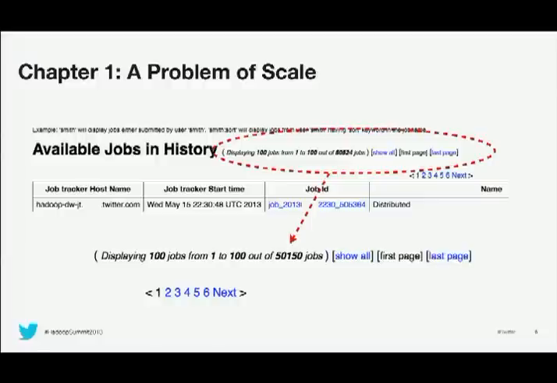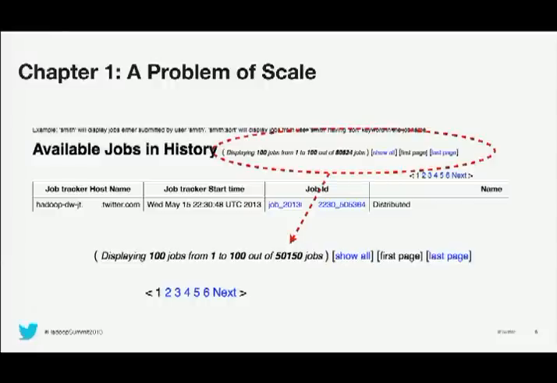Furthermore, we have a problem with scale. If you're running tens of thousands of jobs on a cluster, and this is a familiar snapshot from a JobTracker, then if you want to see what jobs have been running and what the status is, you need to go click through. This is a snapshot of the top side of the job history page, and you can see in this particular case, we've run 50,000 jobs so far, and you see pages on the bottom.